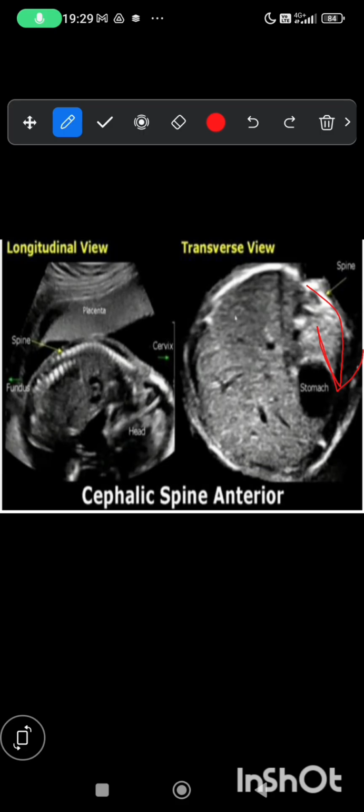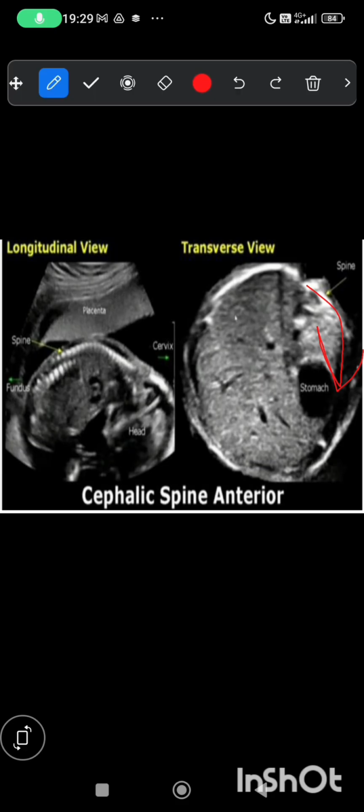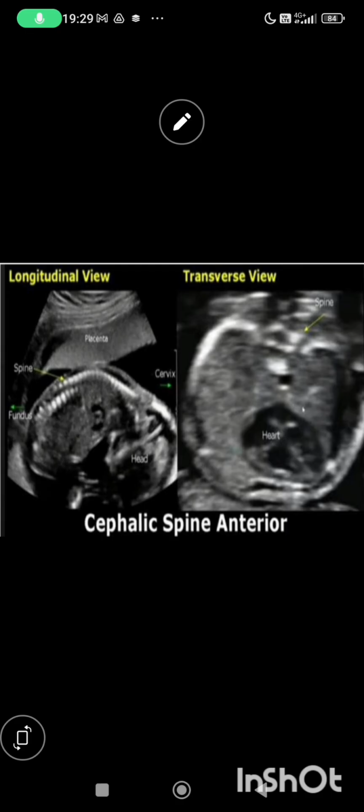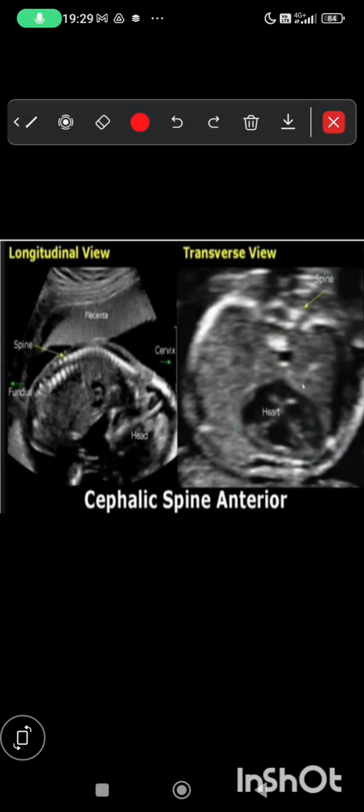So the main relationship is the same here. Here we can see the transverse view of the chest and the fetal heart. The fetal heart axis points toward the same side as the stomach, and when we match the spine with the apex of the heart, their relationship is again clockwise.